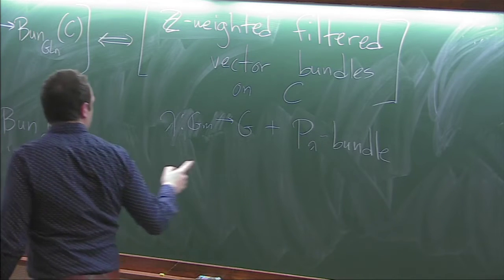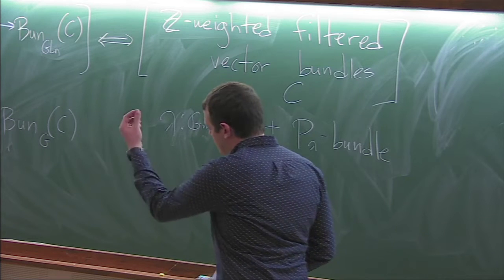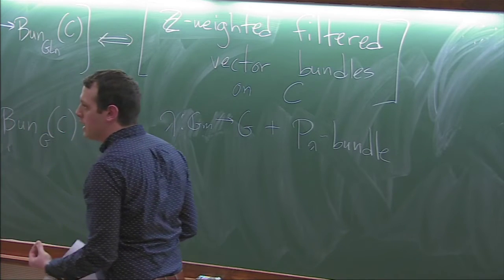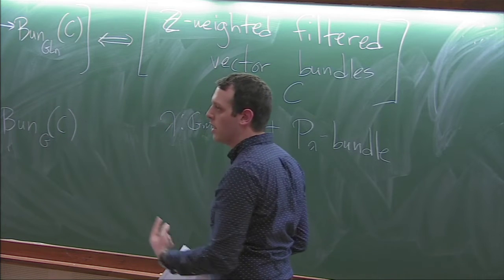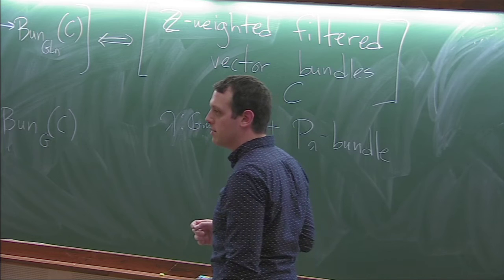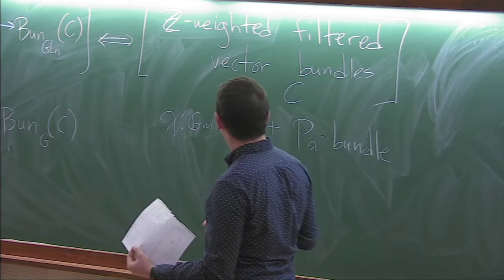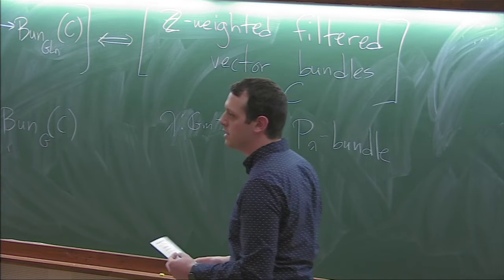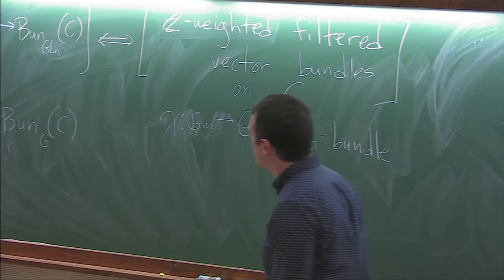Well, it's a P lambda bundle, yeah. If you fix the fiber at 1, then it's a reduction of that fiber at 1 to P lambda. But if you don't fix the fiber, then it's just a P lambda bundle. Fixing the fiber is like saying it's a P lambda bundle plus an isomorphism with that P lambda bundle, and the thing you get is the associated G bundle.